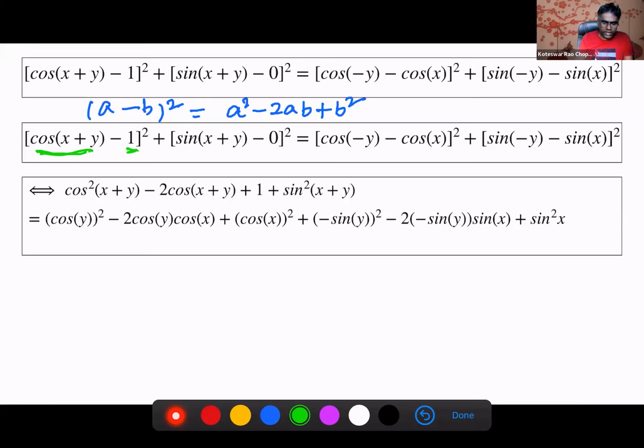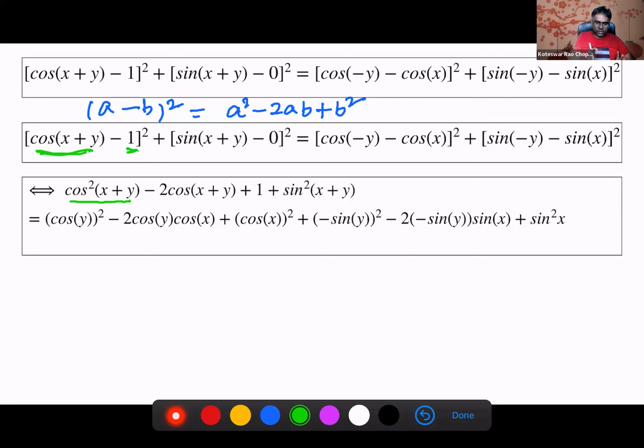If I square, I get a square, which is cos square of x plus y. This is again something that we need to get used to. We don't write cos of x plus y whole square. When we are taking the square of the function value, we write cos square of x plus y.